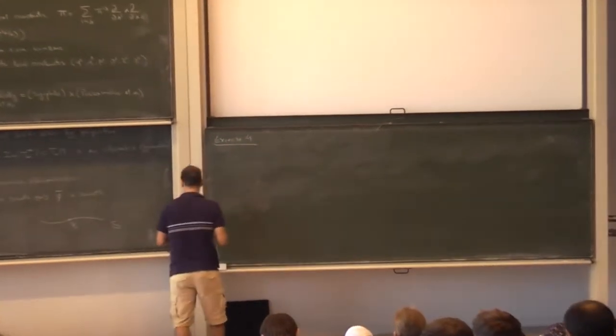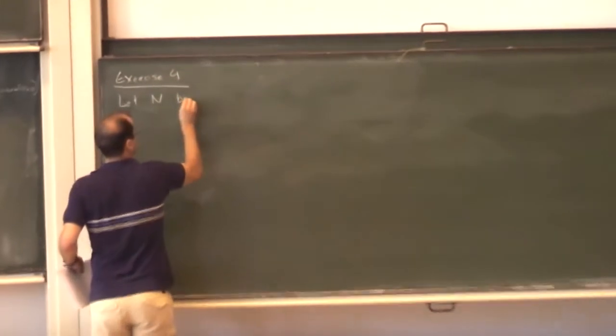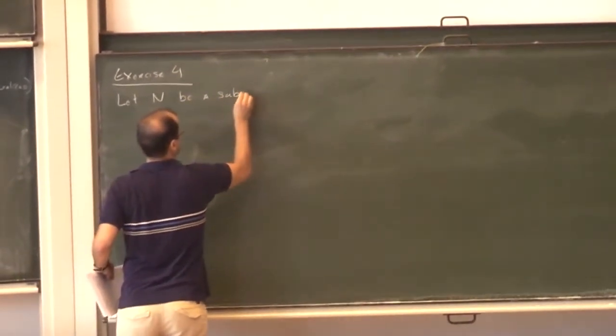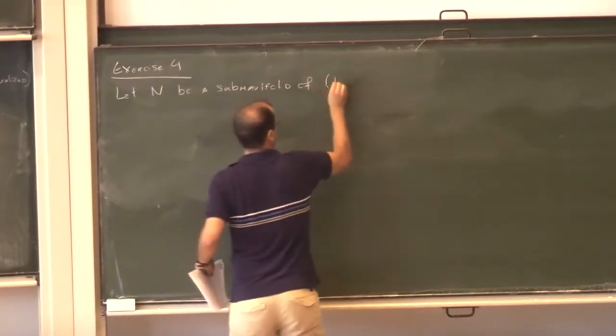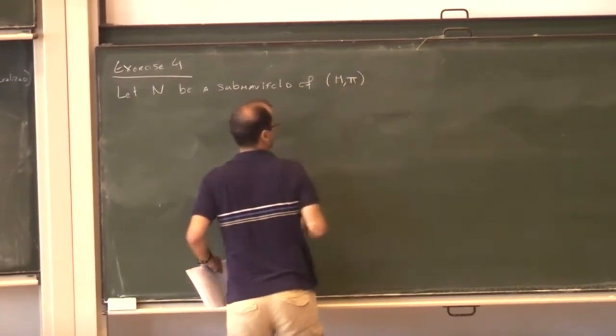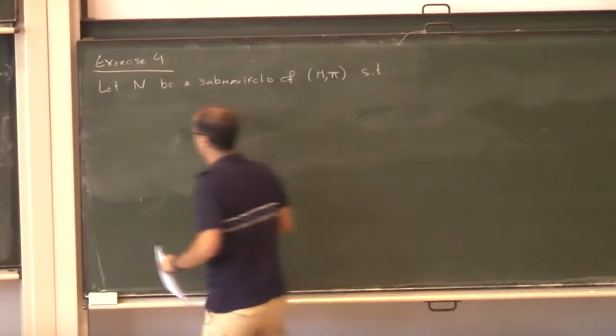It asks the following: let N be a submanifold of a Poisson manifold that satisfies the following two properties.